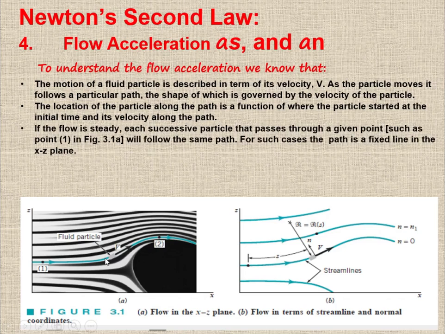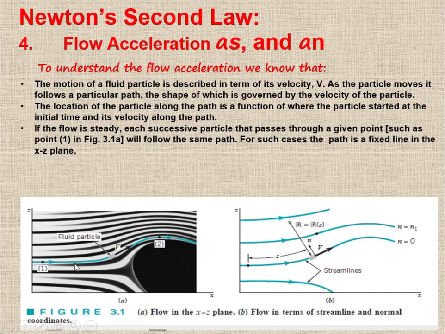Here, if the flow is steady, what is the meaning of steady? There is nothing changing with respect to time. Nothing changing means there is no change in velocity and no change in the fluid properties. Here you can see that if the flow is steady, each successive particle that passes through a given point, such as point 1 as shown in the figure, will follow the same path, because there is no change in velocity and no change in fluid properties.